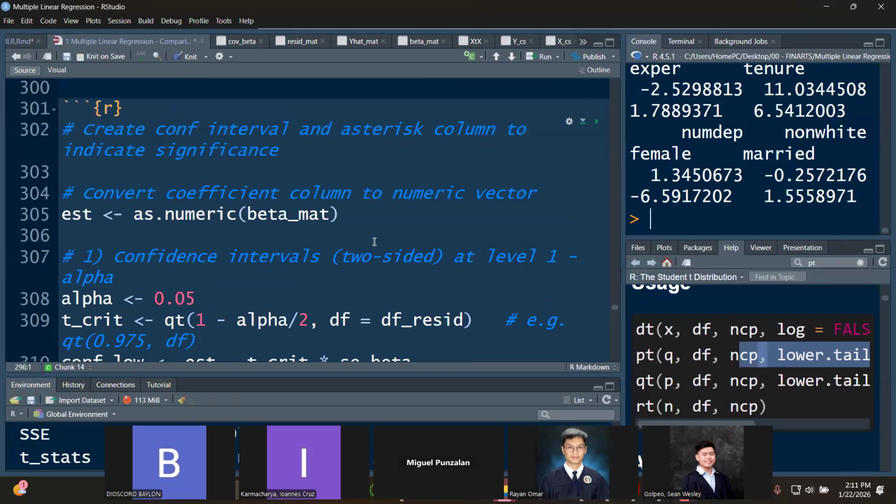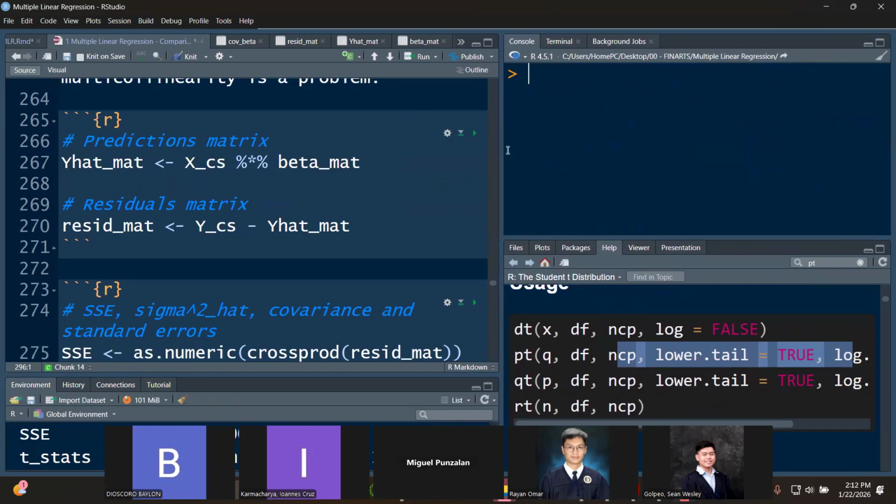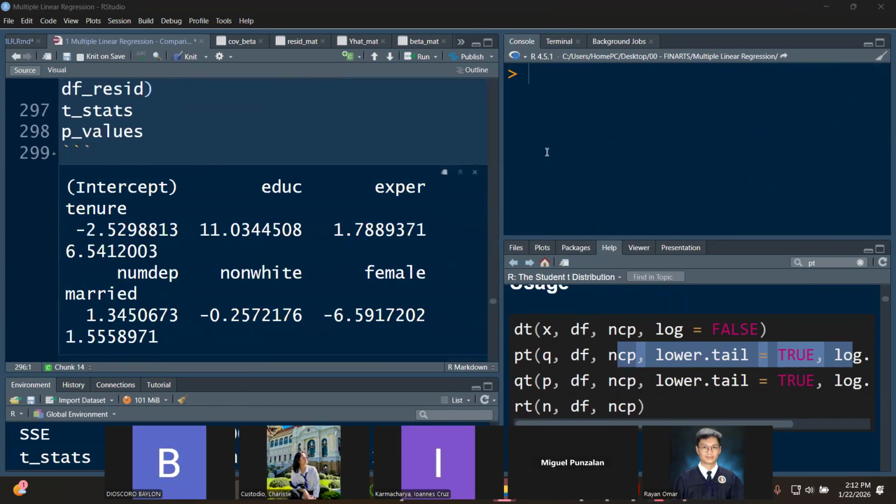So for instance, let me copy it here, class. Our t-stats is that for education. Let's compute for education. 11 point. I'll copy this. Control C, Control V. Okay.